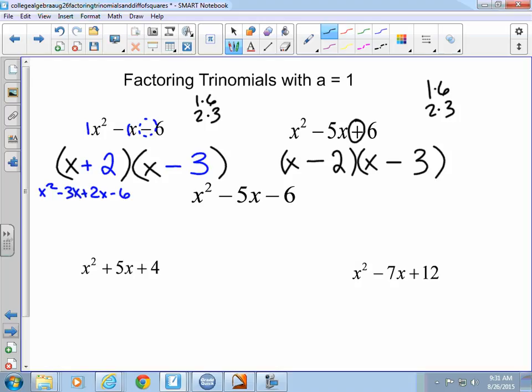Let's look at the next one. Almost an identical question, isn't it? Except the 6 is negative. And what should you do at the end, especially if this is new? FOIL it and check it.